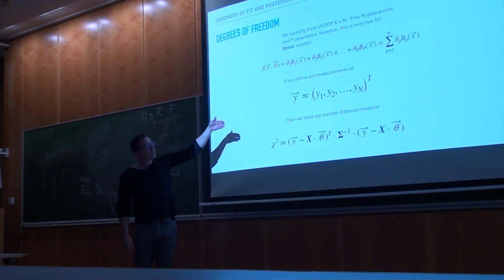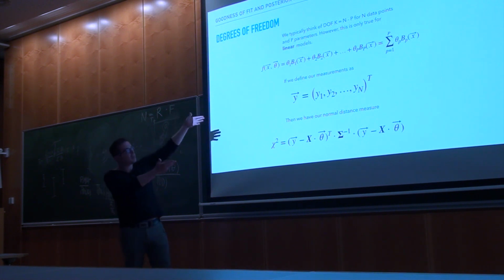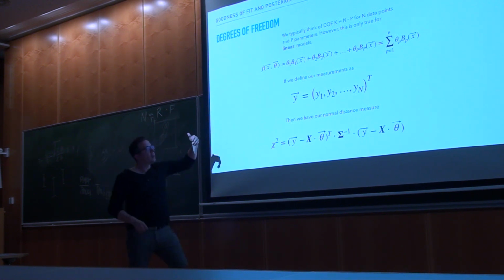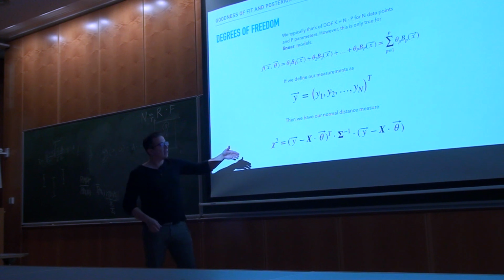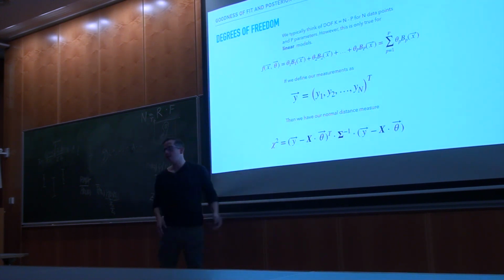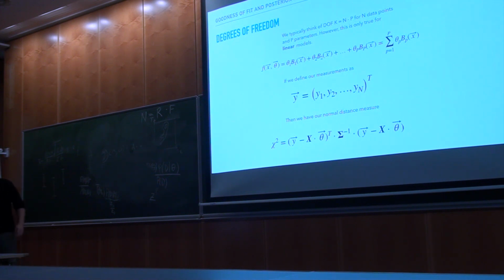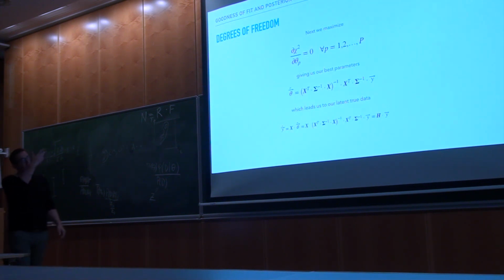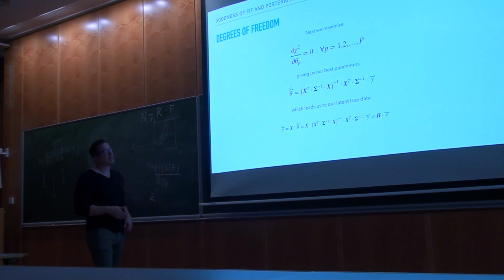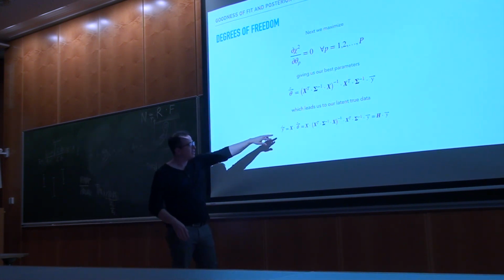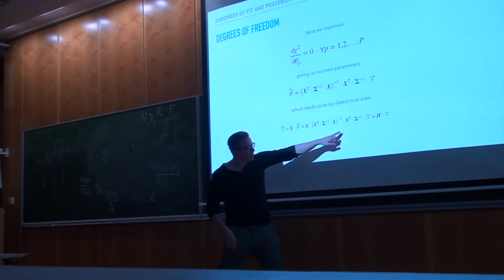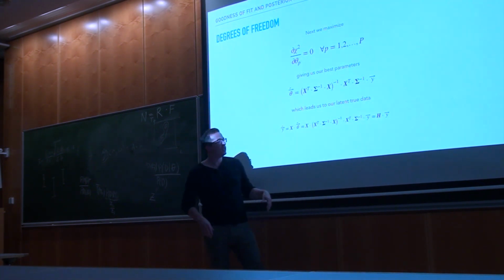To get to chi², we can set up this equation. This is our general model. We can have our measurements be this kind of vector, and this is just another way to write chi². It's just a matrix equation with these squares. And then we want to optimize this, so we take the derivative of that. Joern's been through all this. It gives us our best parameters, and it leads us to the latent data, which is proportional to this matrix H here.